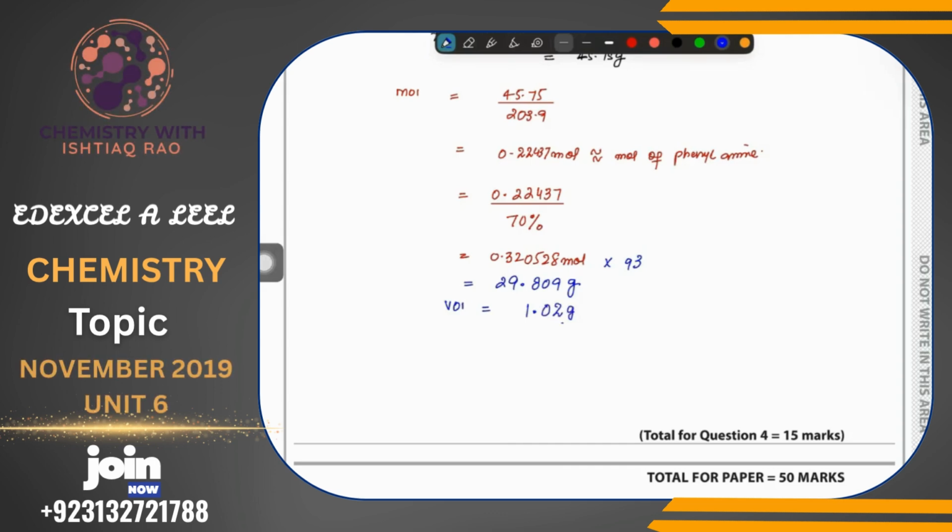Grams per centimeter cube, right? Density is equal to mass over volume, and we have to find the volume, which equals mass over density. Mass is 29.809 divided by the density, 1.02.